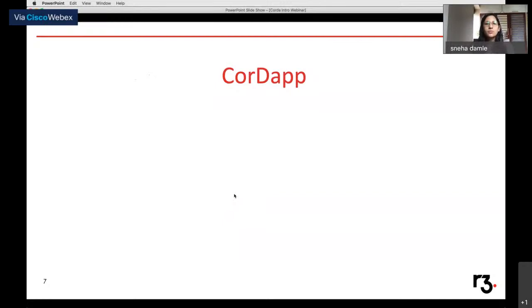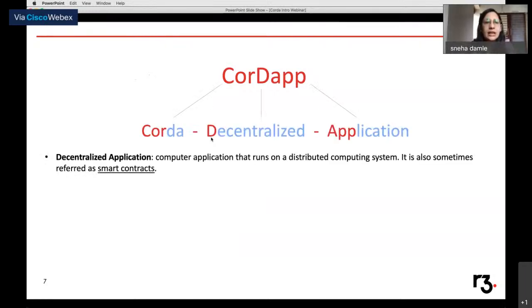Till now we've spoken a lot about Corda, so now let's talk a bit about Corda apps as well. A Corda app stands for Corda decentralized application.